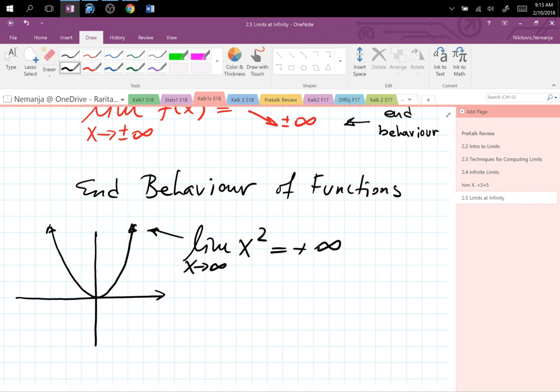Because as you go infinitely to the right, this arrow will go infinitely high. Does that make sense?